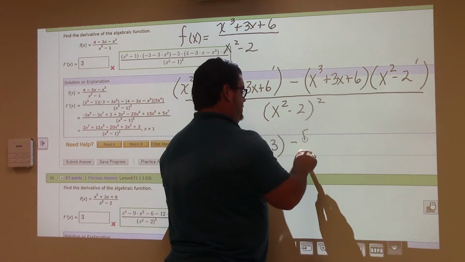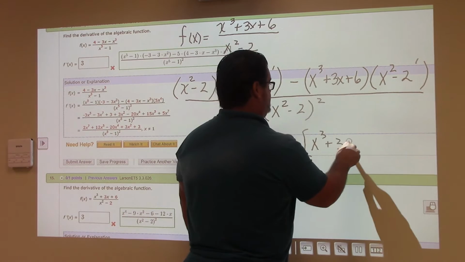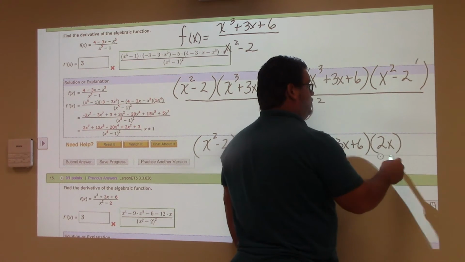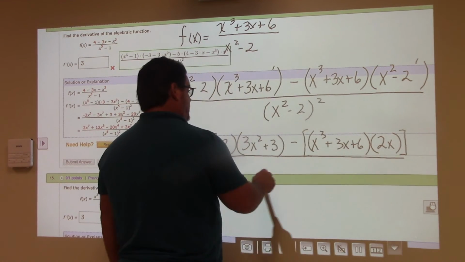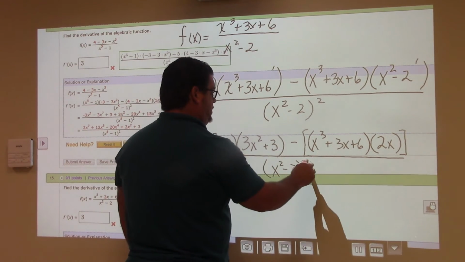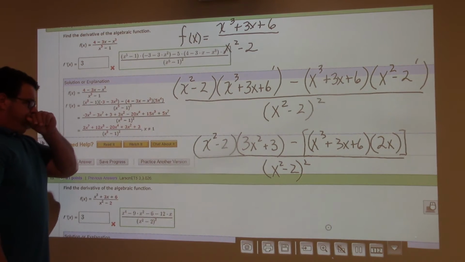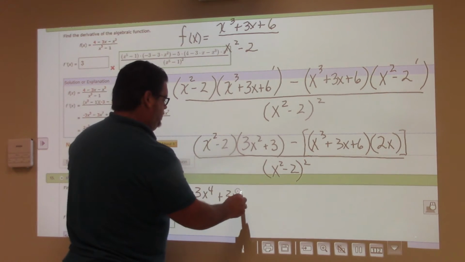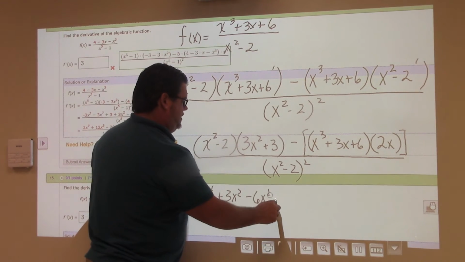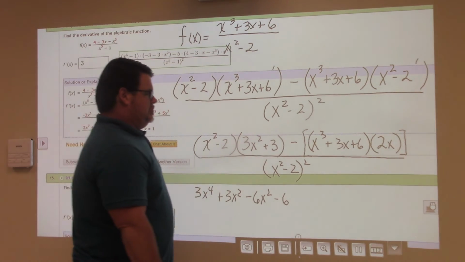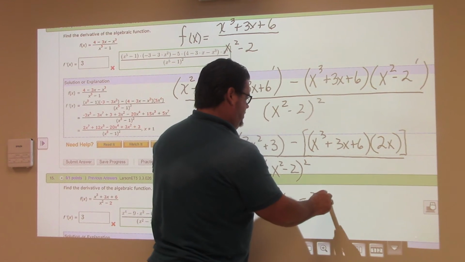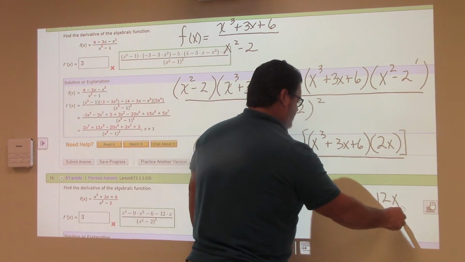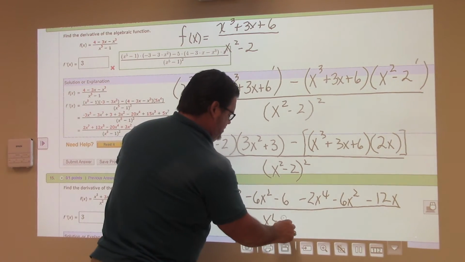Minus brackets x cubed plus 3x plus 6, and this is 2x, over x squared minus 2, squared. 3x to the fourth plus 3x squared minus 6x squared minus 6 minus 2x to the fourth minus 6x squared minus 12x, check me, over x squared minus 2, quantity squared.